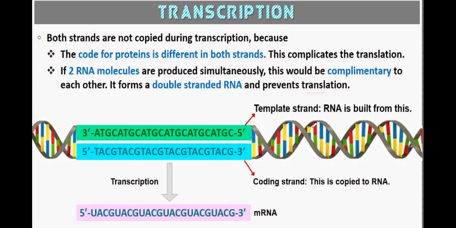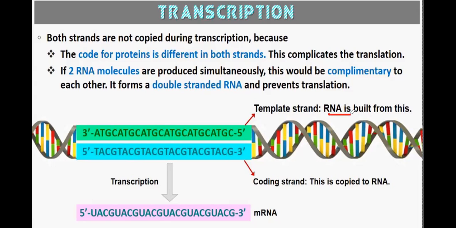So this is the sequence of nitrogenous bases. Out of these, the 5' to 3' strand is known as the coding strand. The new messenger RNA will be produced from the template strand. The 3' to 5' strand will work as the template strand.